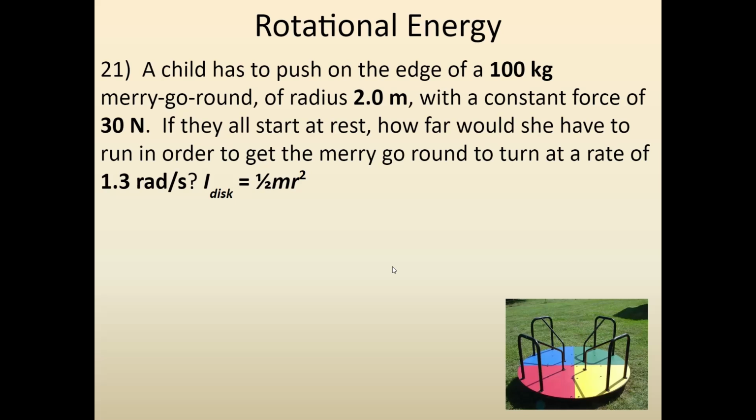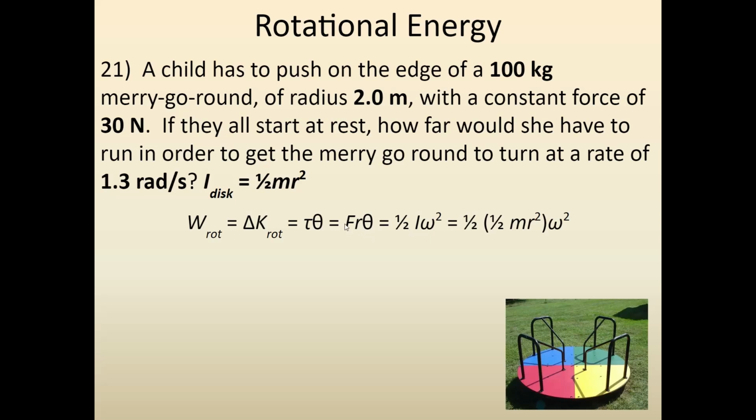All right, so they want us to figure out how far they would have to run in order to get the merry-go-round to go to this final speed. So what we're going to do is basically do a combination of what we did in the previous question. We know that the amount of work that we do, the rotational work, is going to be equal to the change in kinetic energy. We know what the change in kinetic energy is going to be. So what we're looking for is theta, the angular displacement.